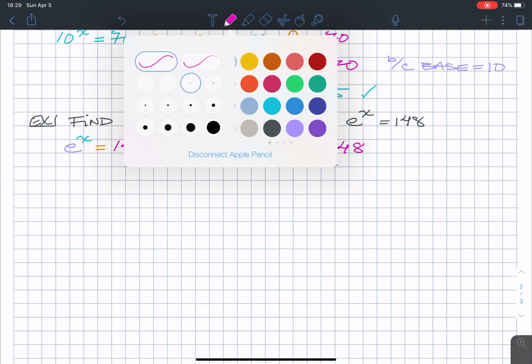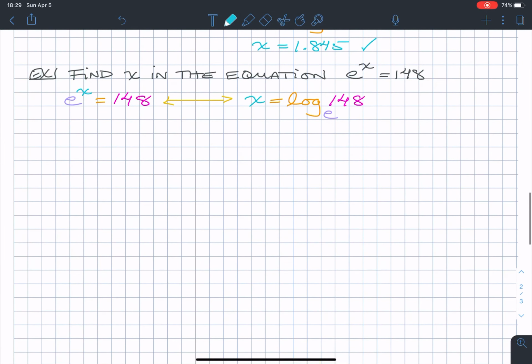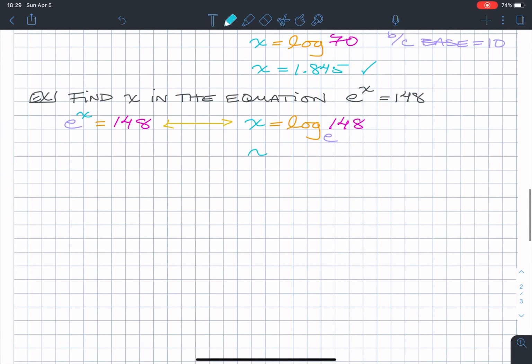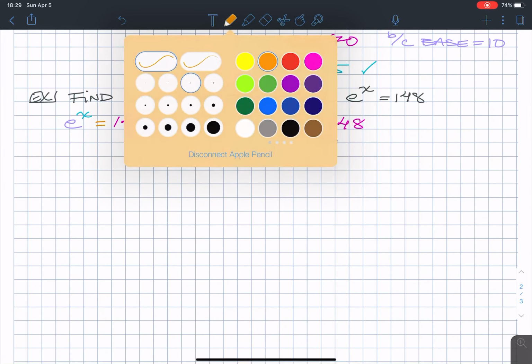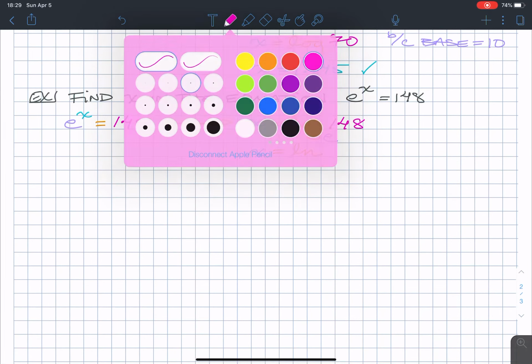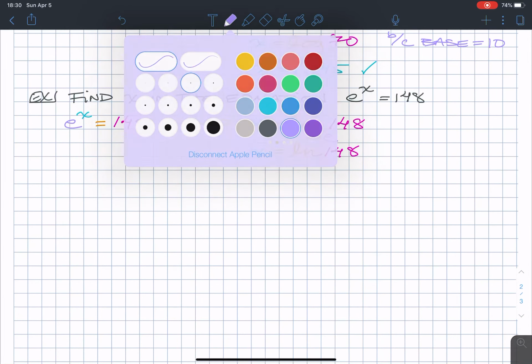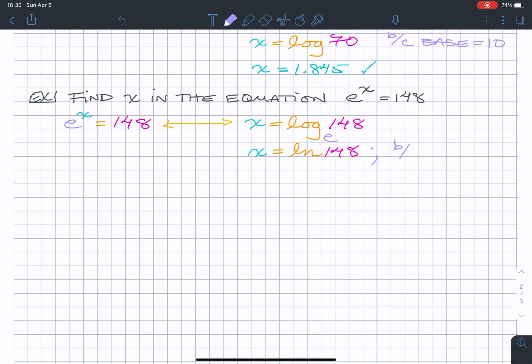Okay, well, base e is natural logarithms. So I can rewrite this as x is equal to ln of 148. And that's because the base is equal to e, which is natural logarithm.